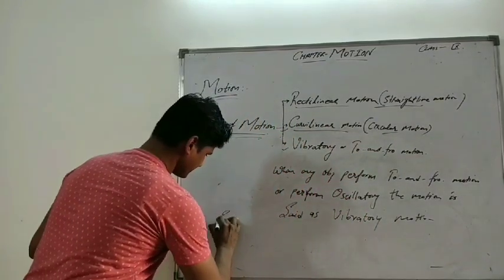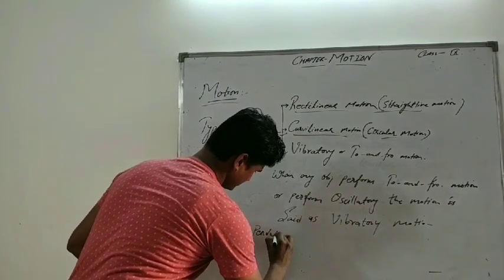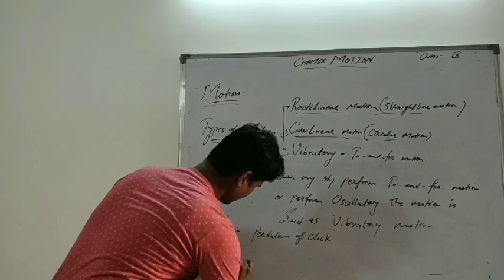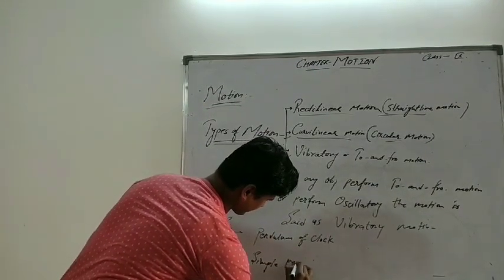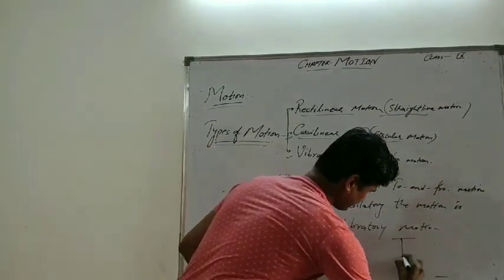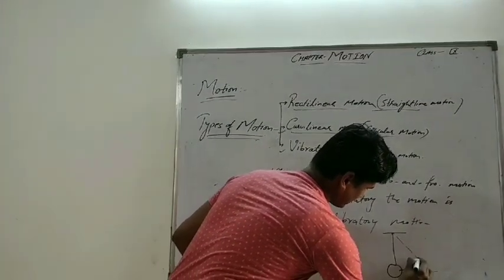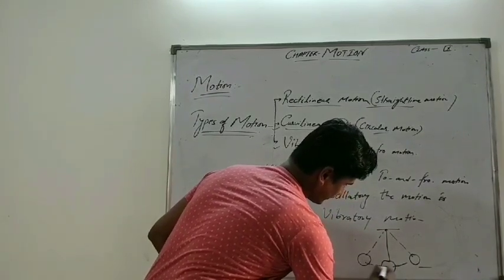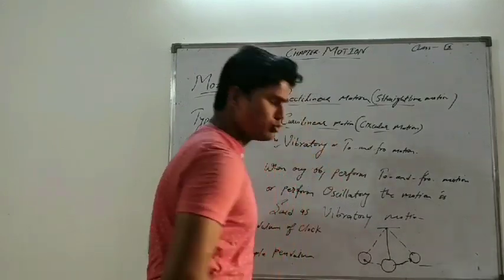For examples, the pendulum of a clock or a simple pendulum. Such as in the diagram you can see, the pendulum is oscillating from its mean position and performing a to and fro motion.